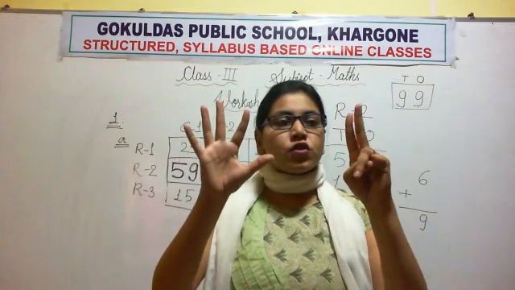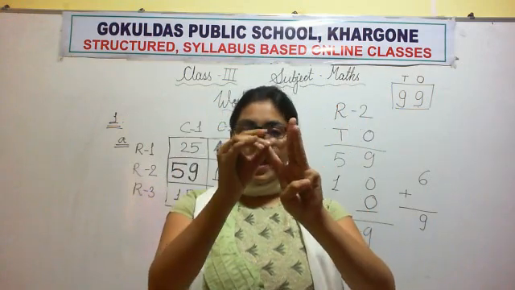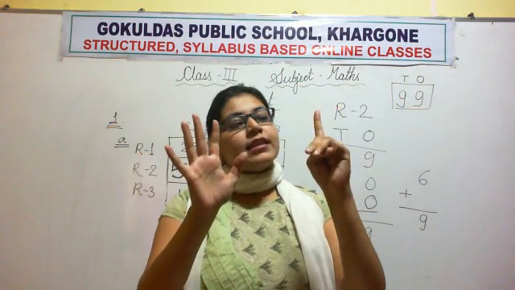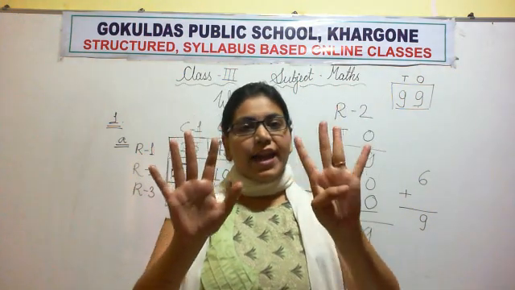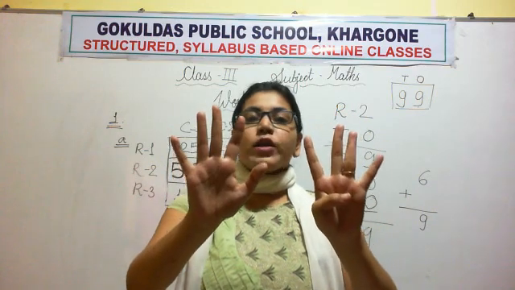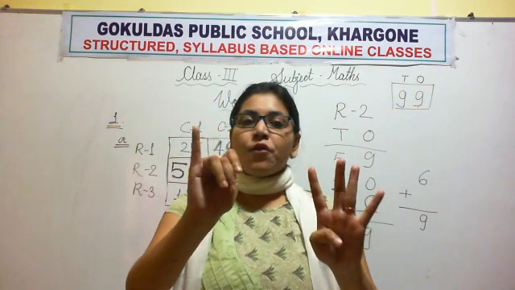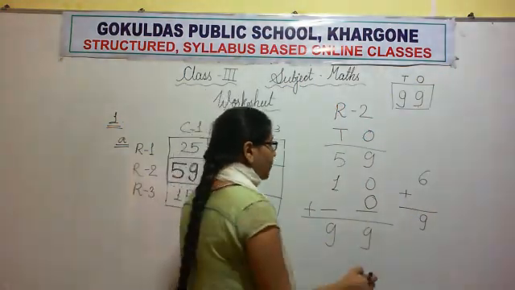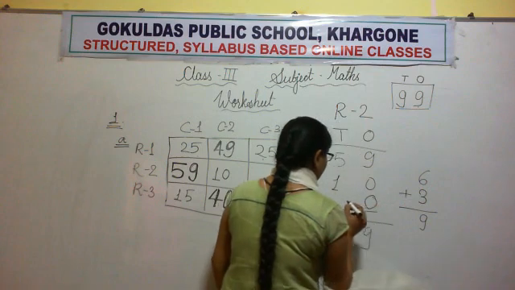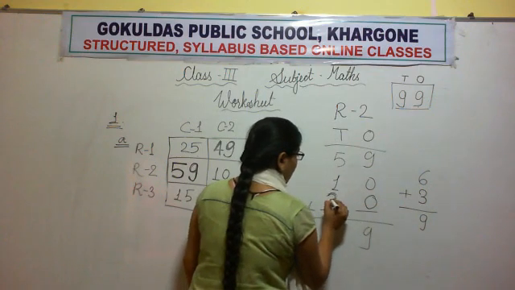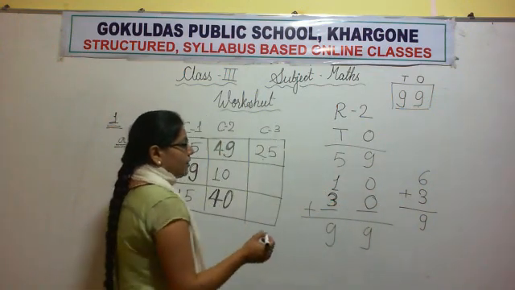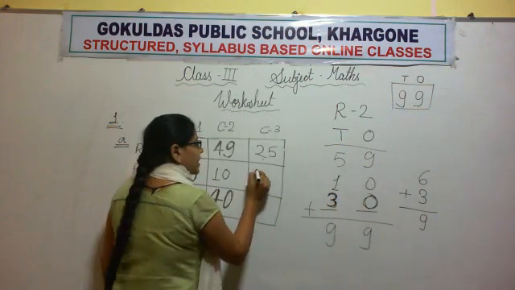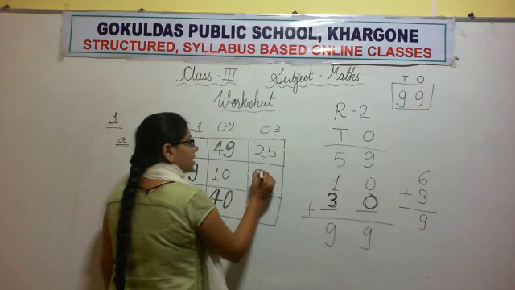So 6 plus 2, 8, and 6 plus 3 is, let's count how many? 1, 2, 3, 4, 5, 6, 7, 8, 9. So it means we will add 3 in 6 to get 9. So our number will be 3 tens and 0 ones. It means 3 tens and 0 ones means 30.